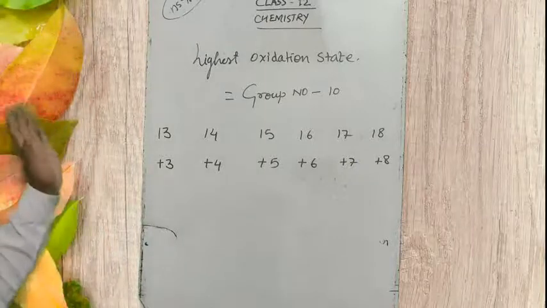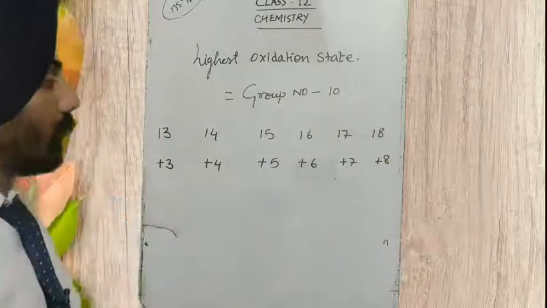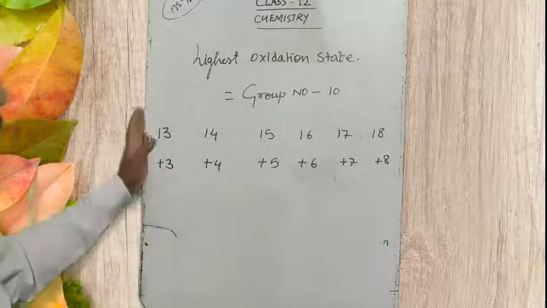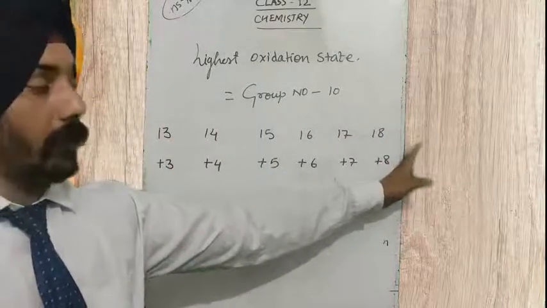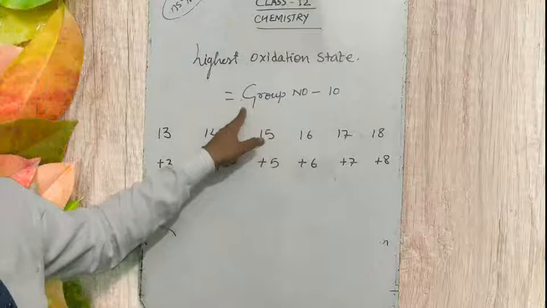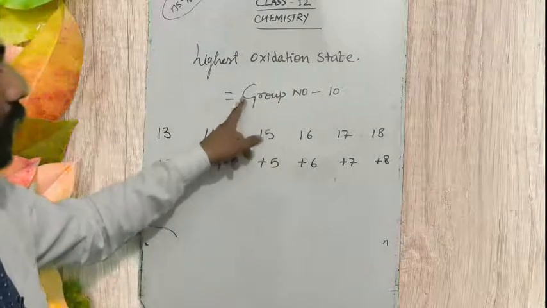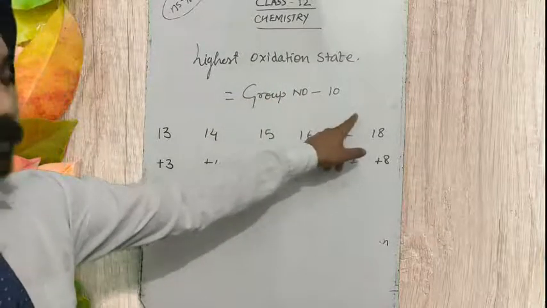Okay, so this is the highest oxidation state when we are moving from left to right in a period. And how do we calculate the highest oxidation state? It must be group number minus 10.